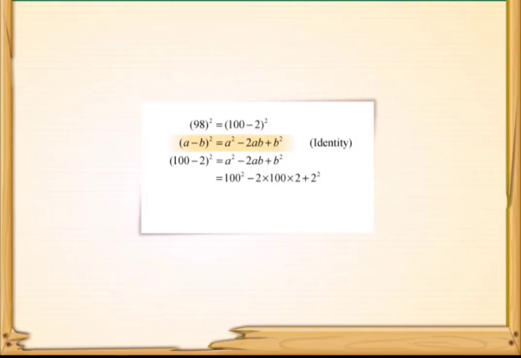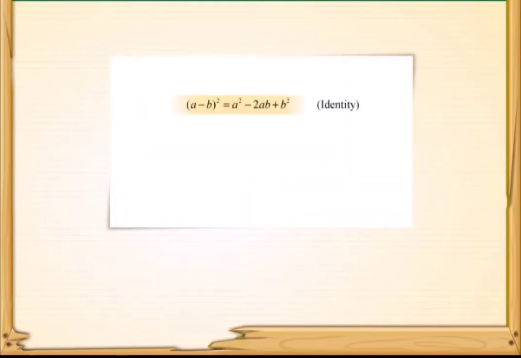Calculating the right-hand side further results in 10,000 minus 400 plus 4, which is equal to 9,604. You learnt to use the second identity (a minus b) whole square to calculate the square of a number.